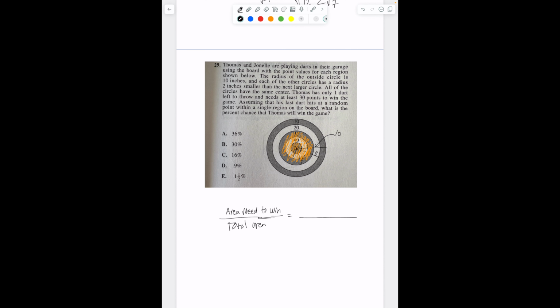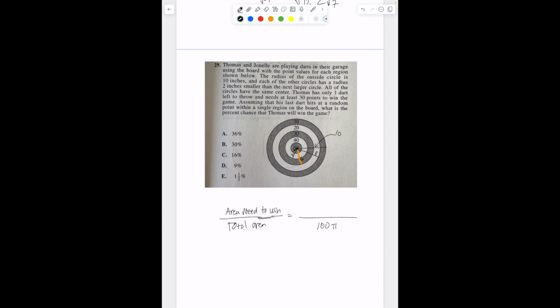Okay, so the total area is just the big circle. So pi r squared, and r is 10 here. So we have 100 pi. Then on top, what area do we need to win the game? Well, we need at least a 30. And if we see here, this is 50, 40, 30. So that is a radius of 6.